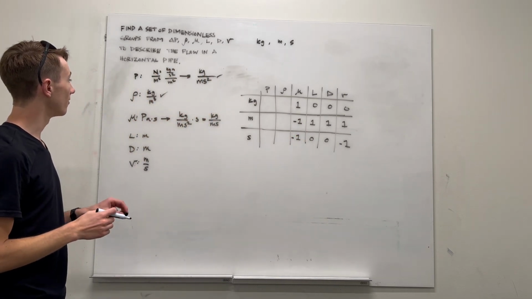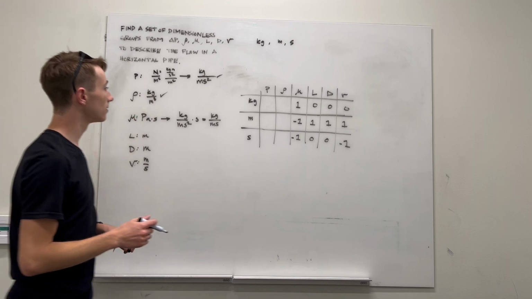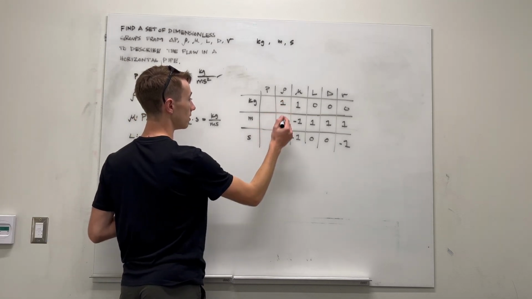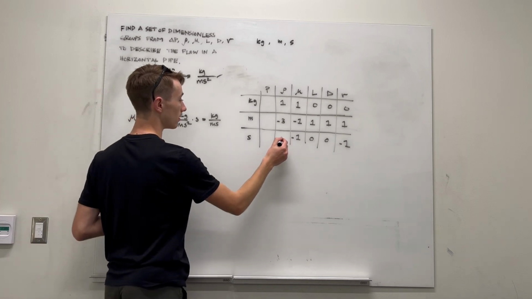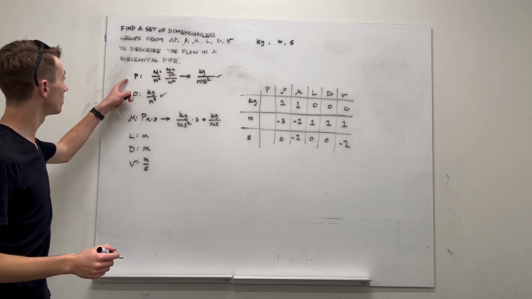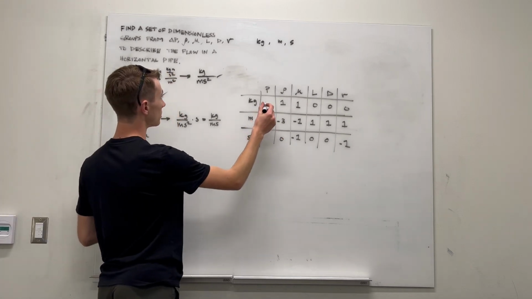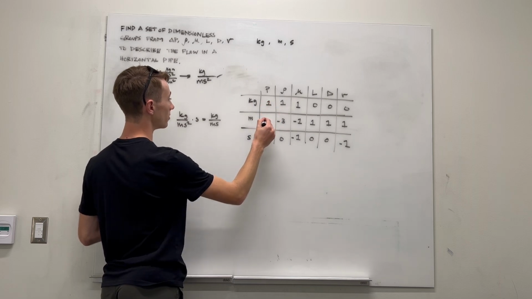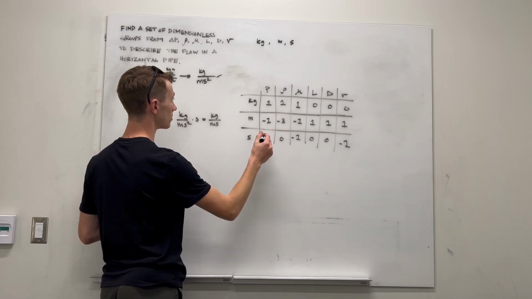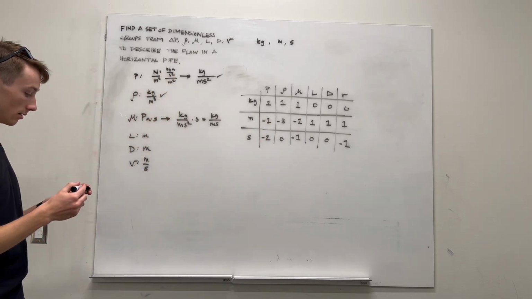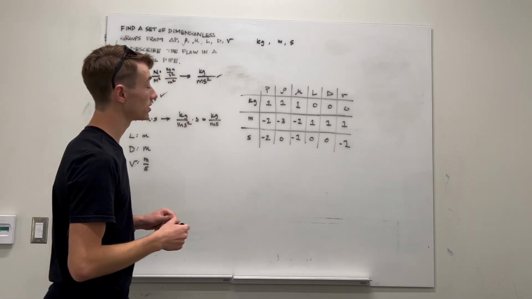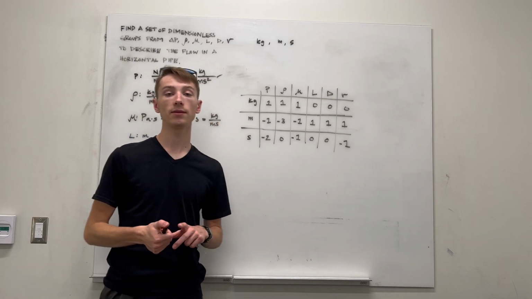Then we have density, which is kilograms over meters cubed, no seconds. And then we have pressure, which is going to be kilograms over meters over seconds squared. Okay, and that's going to be our matrix that we're going to use to apply the Buckingham pi theorem.